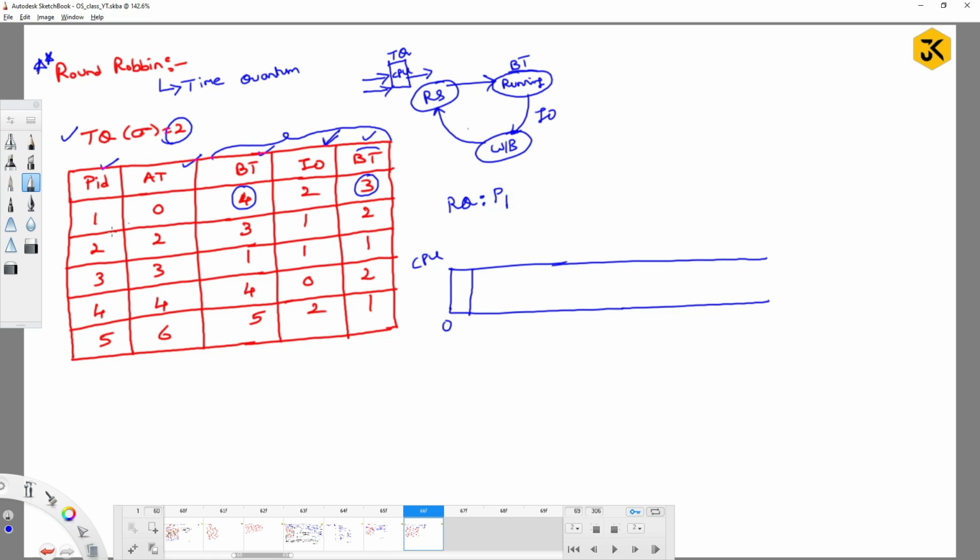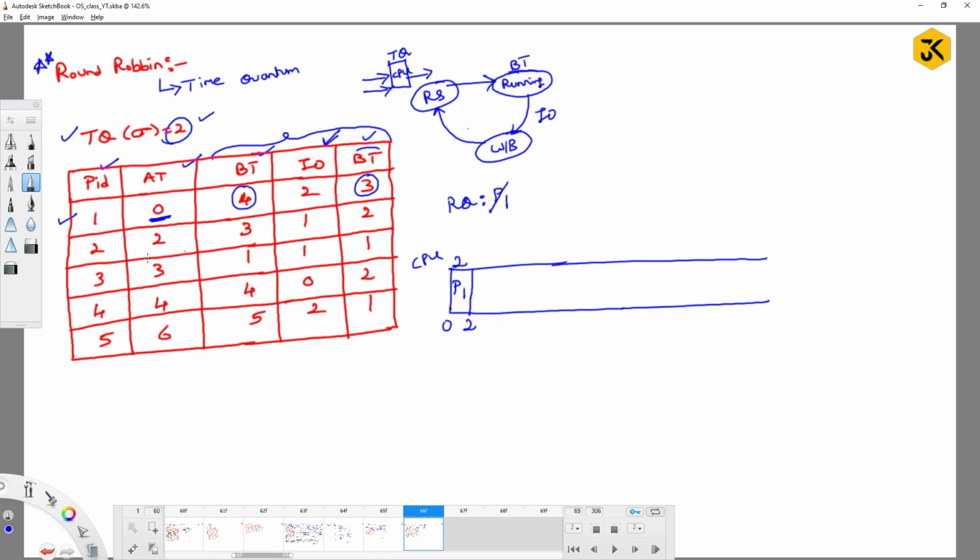Yes, process P1 is there at 0 units of time. So immediately P1 is allocated the CPU, and it executes for 2 units of time because the time quantum is 2. As it has executed, I will remove it.